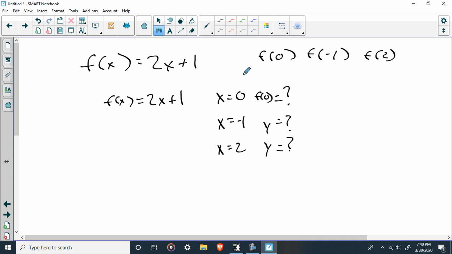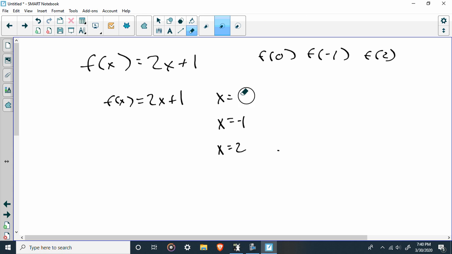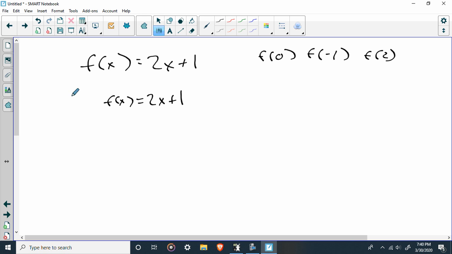So all you really have to do for these three things is plug in these three different numbers. We're going to plug in 0, we're going to plug in -1, we're going to plug in 2. So again, let's take a look. Let's say f of 0. In other words, what's this function evaluated at 0? It's 2 times 0 plus 1.